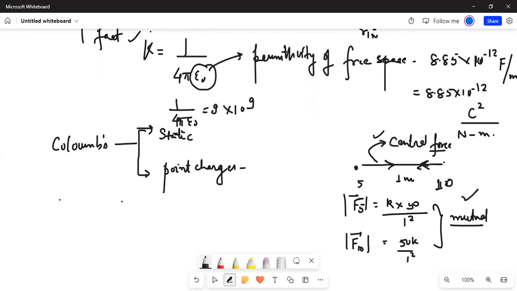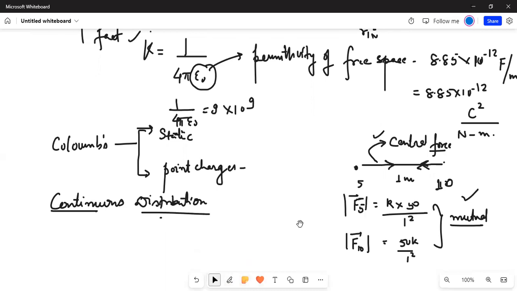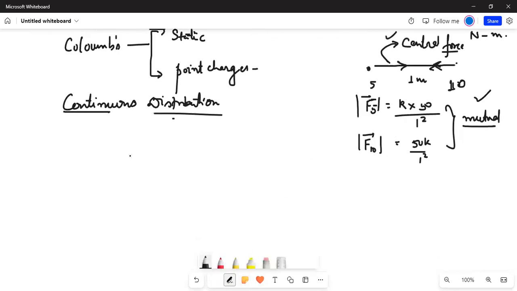Now, the problem arises when you have certain continuous distributions. And what do I mean when I say continuous distributions? Let's say I'm talking about a rod, and this rod has charge distributed along it in the form of, let's say, linear charge density lambda.